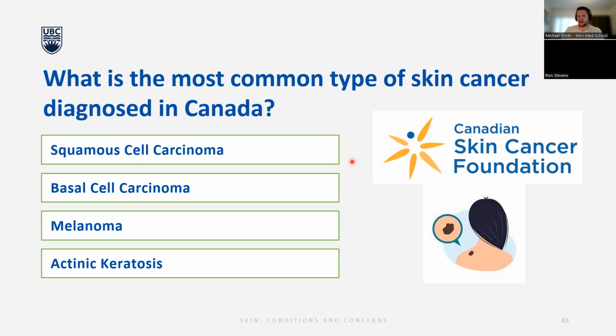The options we have are squamous cell carcinoma, basal cell carcinoma, melanoma, and another skin cancer called actinic keratoses, which I'll explain the relation to in here.